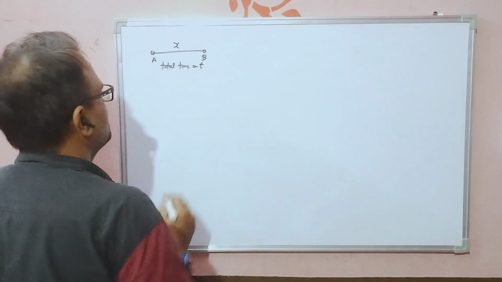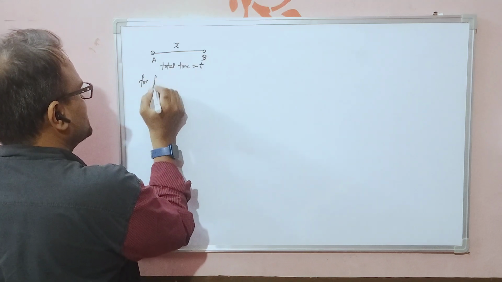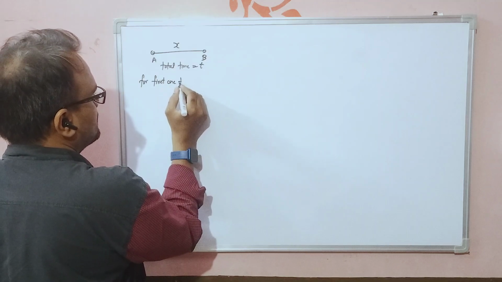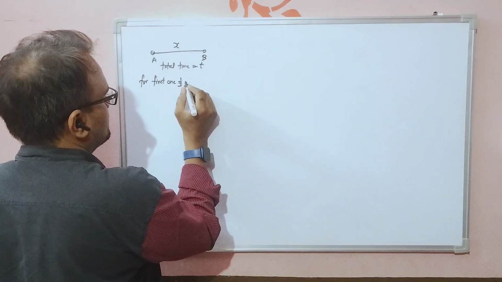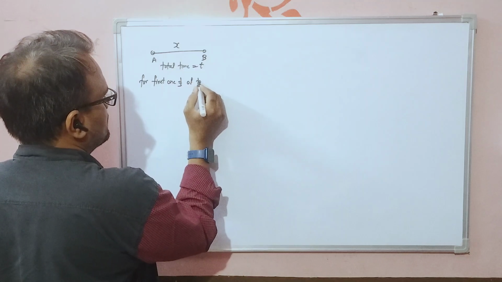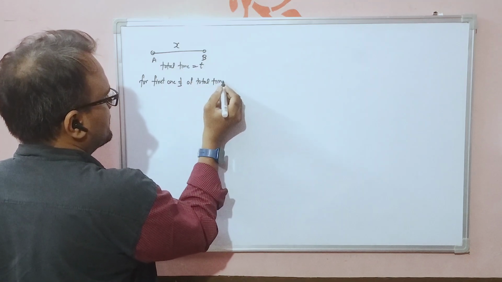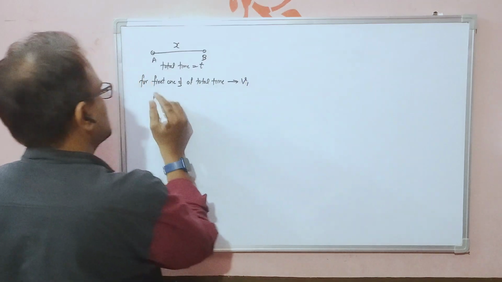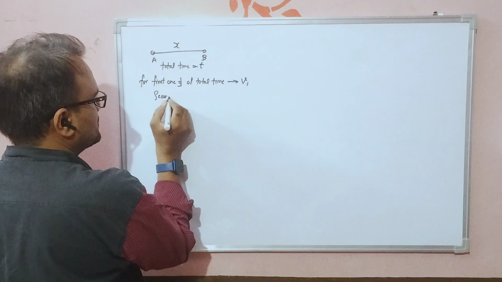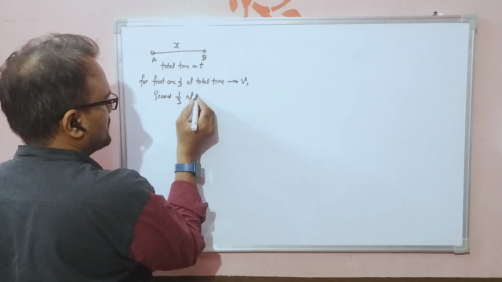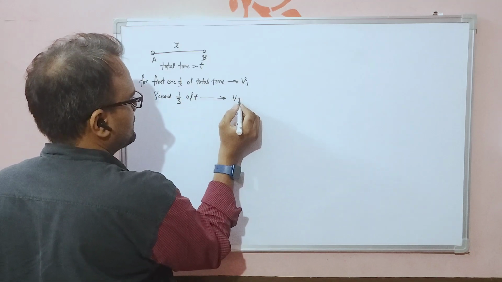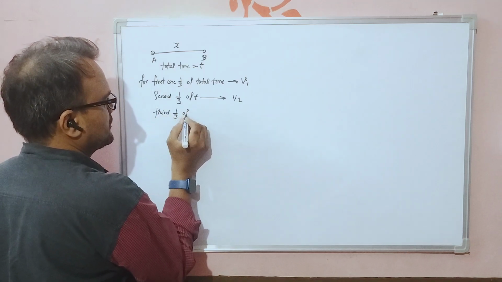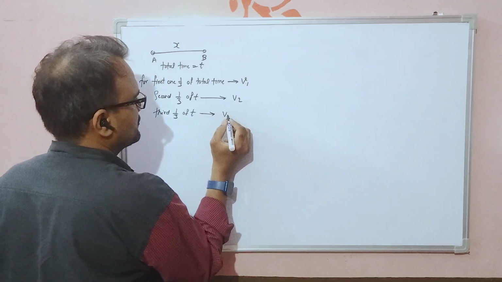Now it is given in the question for first 1/3 of total time, the object moves with speed v1, and similarly for second 1/3 it moves with speed v2, and similarly for third 1/3 of t it moves with speed v3.